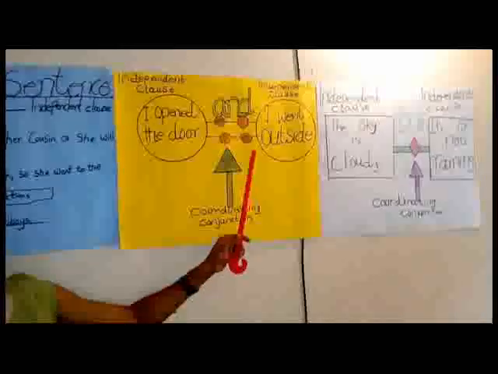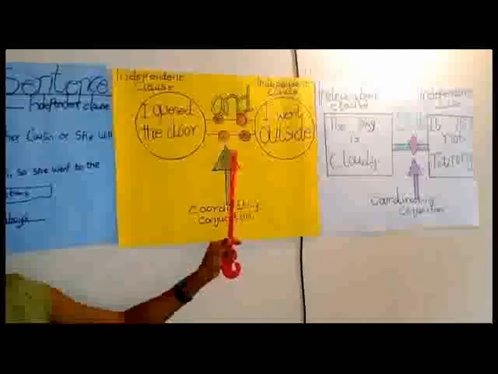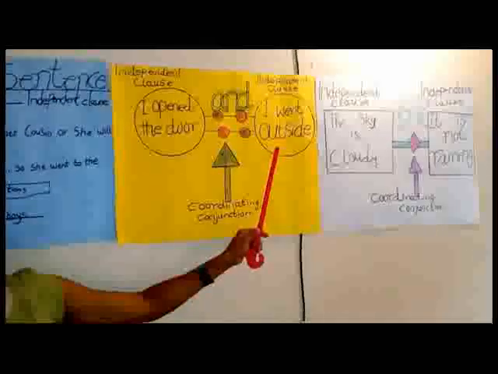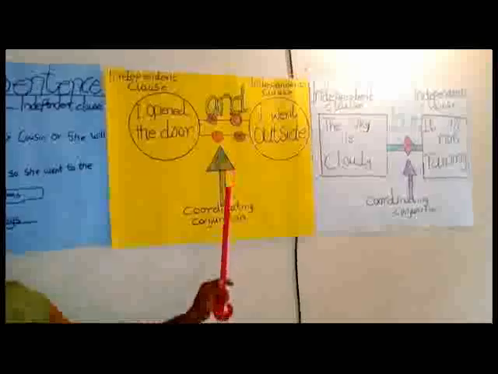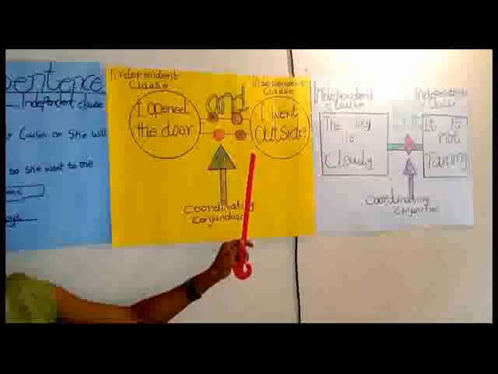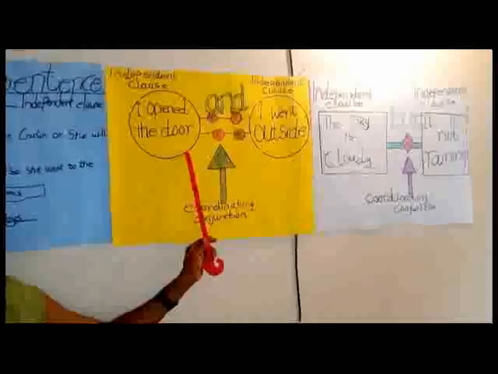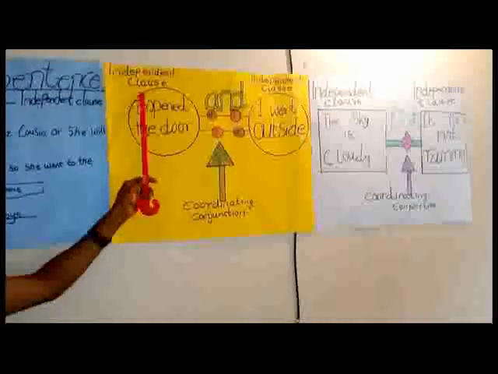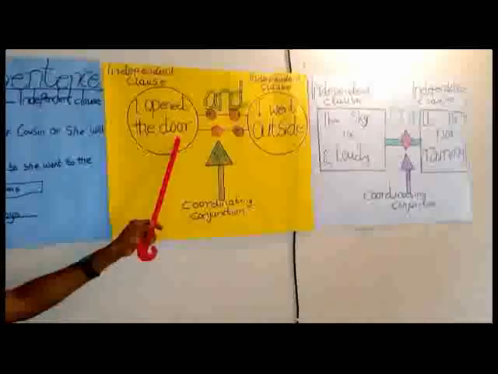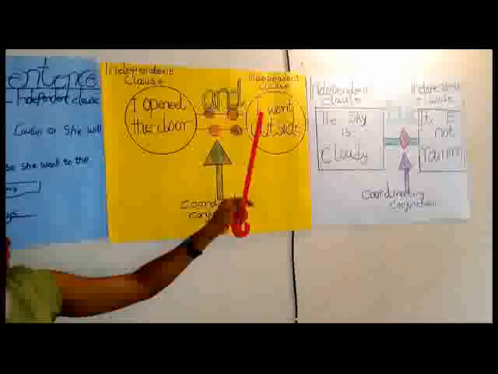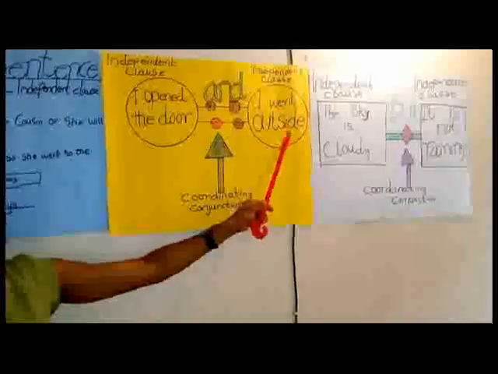Remember I said compound sentences are when you combine two independent clauses to give you a single or a longer sentence. That is your compound sentence. So this independent clause says, I opened the door, and the other independent clause says, I went outside.